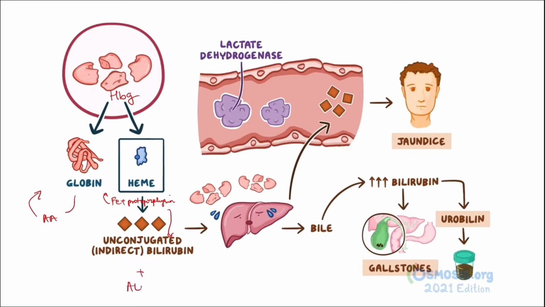It binds to albumin and is taken up to the liver, where it is conjugated to bilirubin, and excreted through the bile. The unconjugated bilirubin would go back to the blood, and it would cause jaundice. The increased amount of bilirubin would precipitate in the gallbladder and cause gallstones, and also would cause a darker urine because of the increased amount of urobilin.